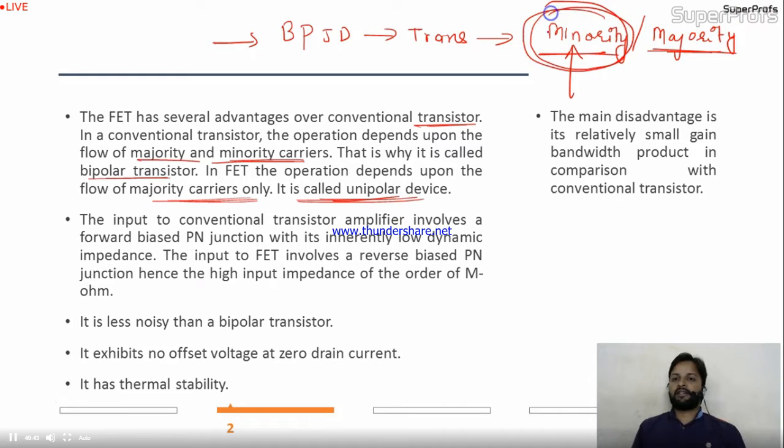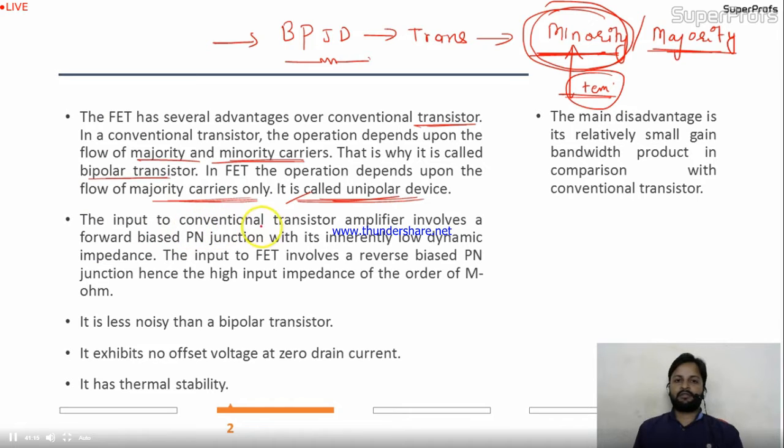If minority carriers affect the entire circuit, the output will be affected. In FET, this case is absent. There are no minority carriers, so there is no dependency on temperature. So thermal stability is good for FET, not for the BJT. BJT is affected by temperature, but FET is a thermally stable device. So this is one of the advantages.